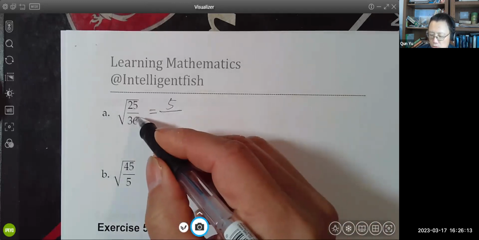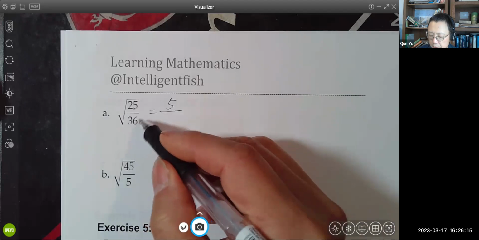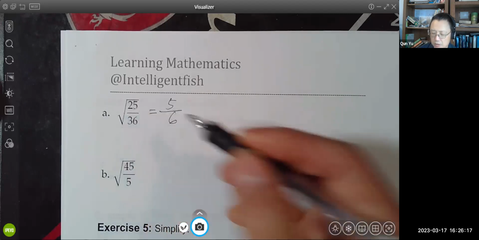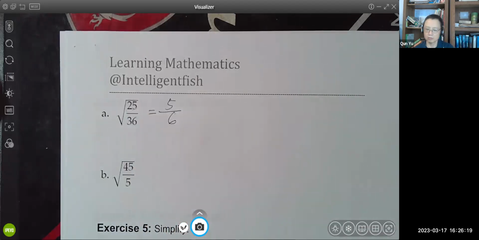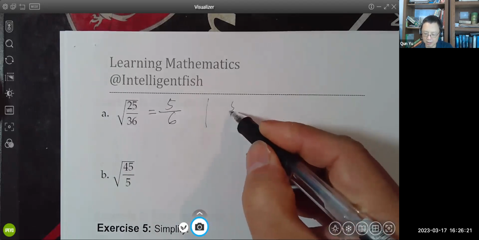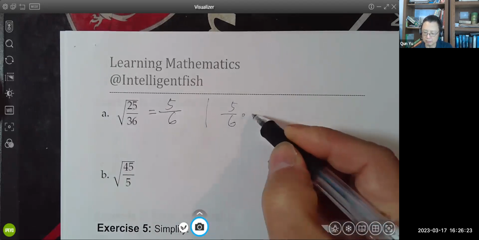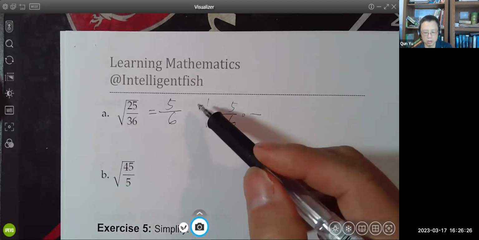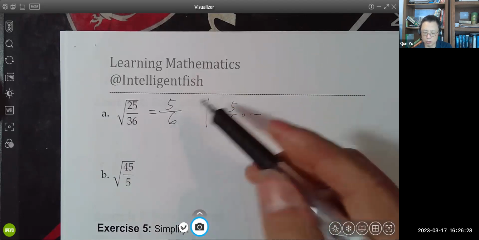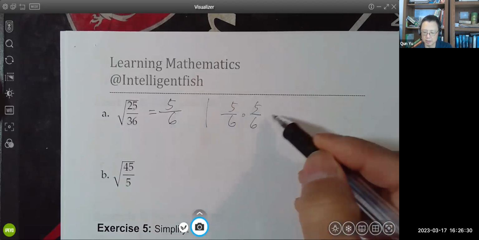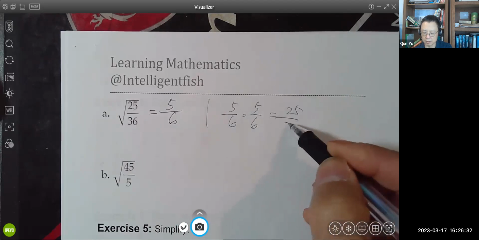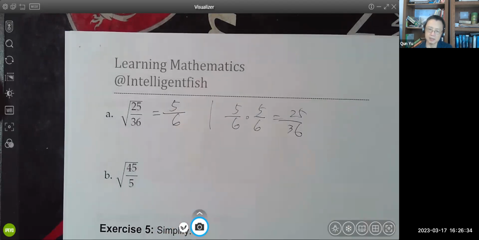And square root of 36 is 6, but it's below the bar. So that's it. How do we know this is correct? You can double check. You do square, because square is the opposite operation of square root. When you multiply by itself, you get 25 over 36, and that is the number inside. So you know it's correct.